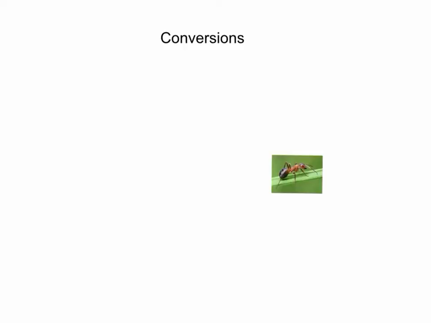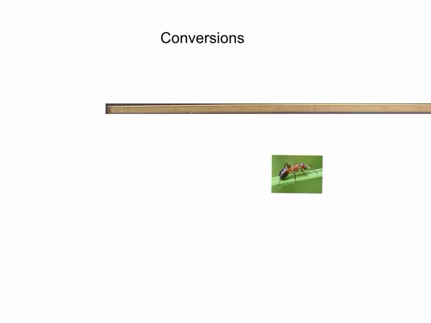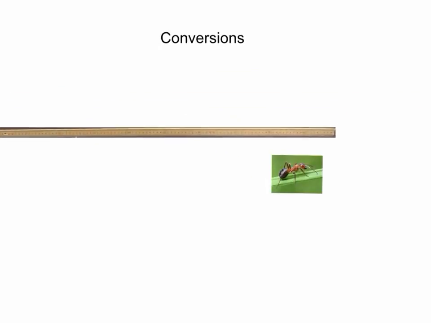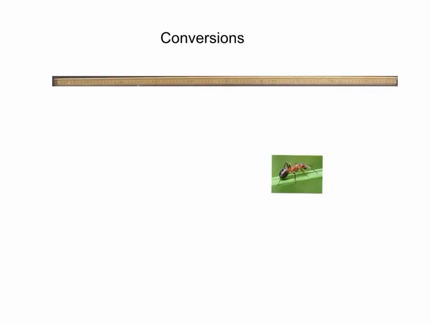And while you're walking in the woods, you happen to be carrying something like a meter stick. So you want to learn about this ant, and all you have to use is a meter stick. Now if I asked you to use the meter stick to measure the ant, it may be a little bit difficult. Ants are much, much smaller than 1 meter.